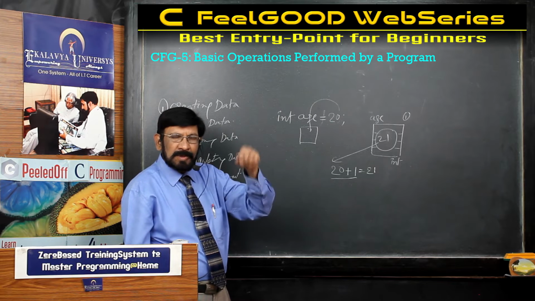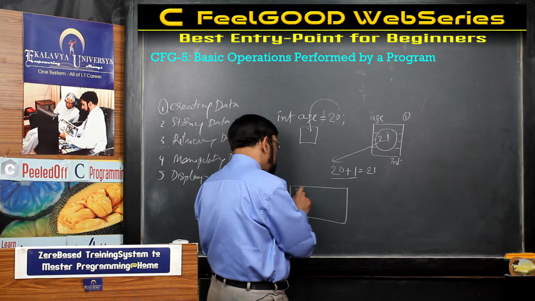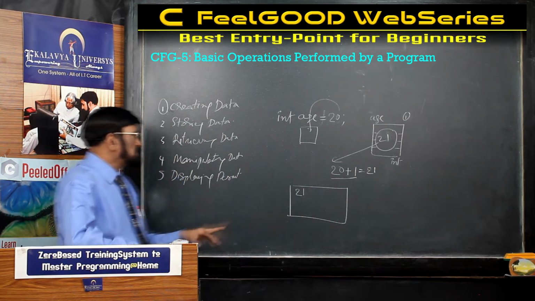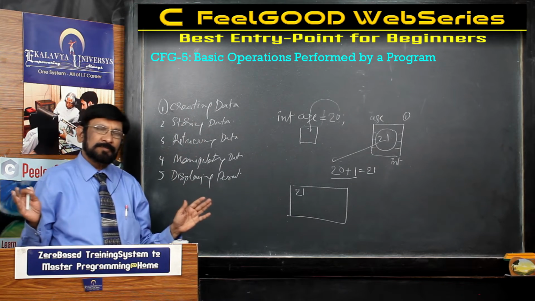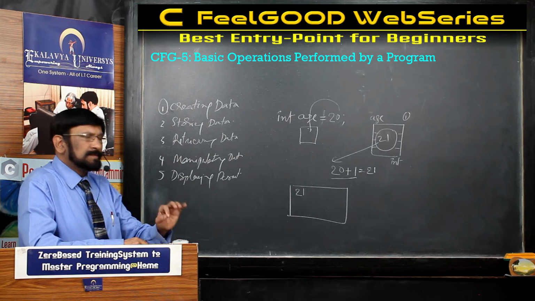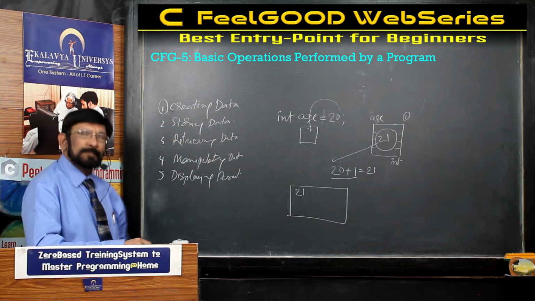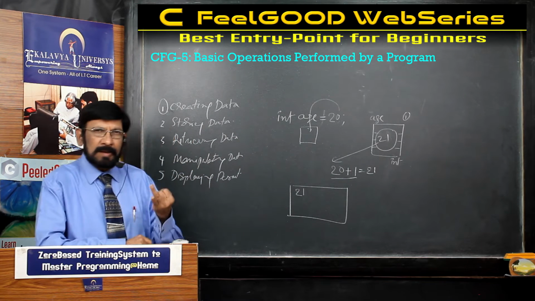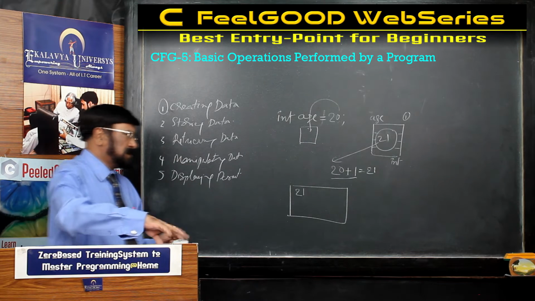You cannot peep into the computer memory, so it should be displayed on the monitor screen. This is the result we are expecting. So basically these 5 operations are to be performed. Any statement you write is meant for performing these operations. Just remember through this example: creating data, storing data, retrieving data, manipulating data, and displaying result.